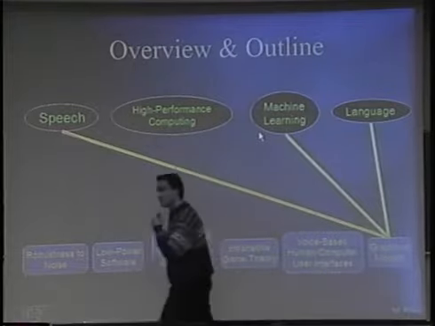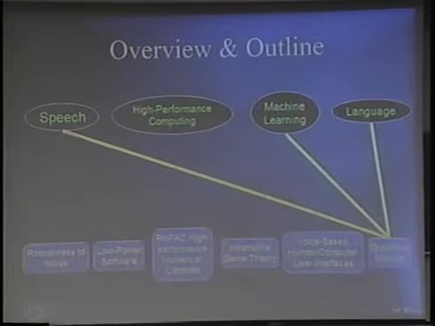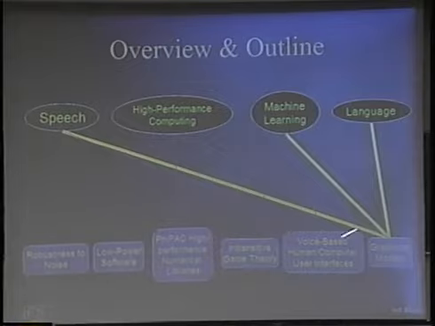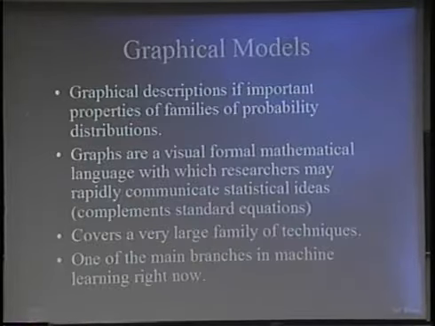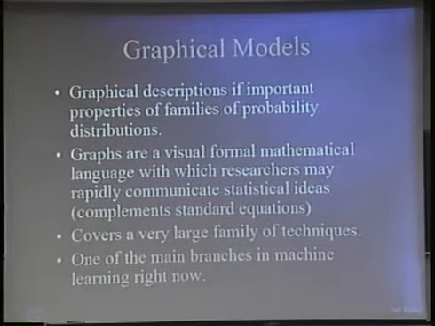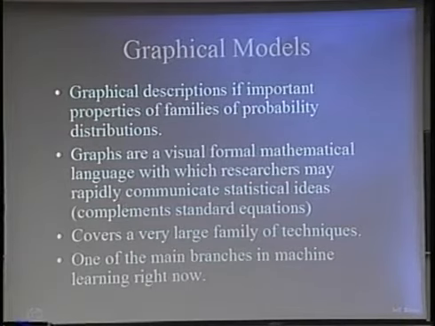Okay, so the next bit of stuff I want to talk about is graphical models in speech, language, and machine learning. As some of you I'm sure are familiar, graphical models are basically a standard formal mathematical visual mechanism by which you can describe some important properties of families of probability distributions, namely the properties of factorization.